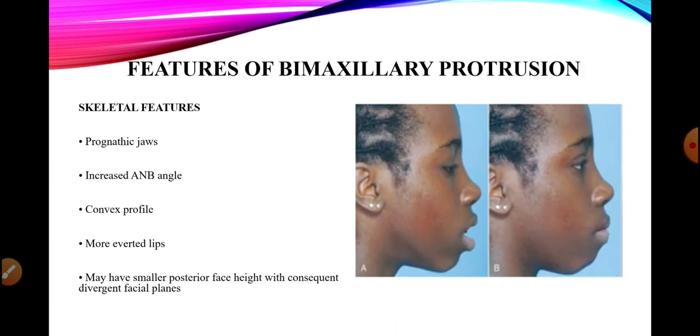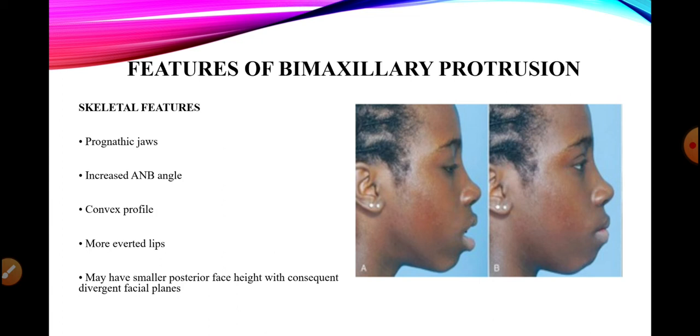Now we'll be discussing the bimaxillary proclination or bimaxillary protrusion. What are the various skeletal features that can be seen in cases of bimaxillary protrusion? Skeletally, the maxilla and mandible will be showing prognathism.